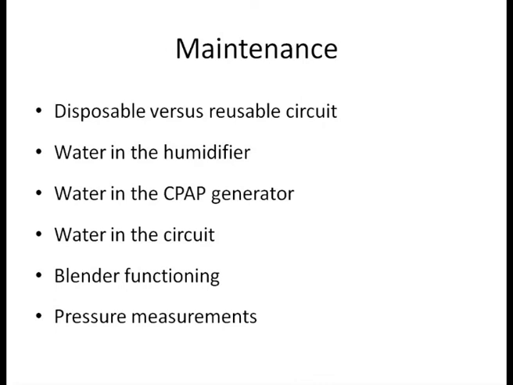The water in the CPAP generator or the bubble chamber can be distilled water or tap water, but it should preferably be clean tap water. Water in the circuit: there should not be any water in the inspiratory limb, and there should always be some condensation in the expiratory limb.